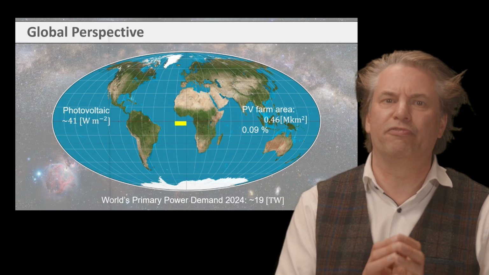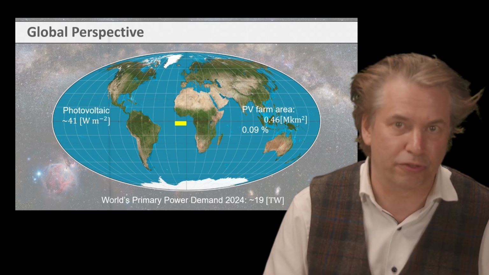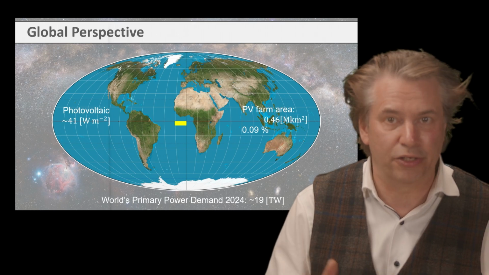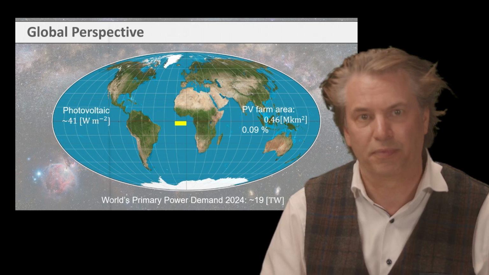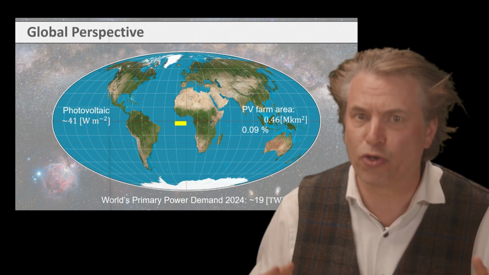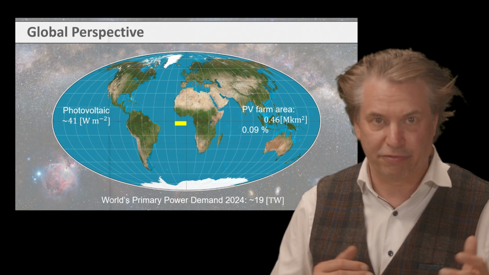Let's put these numbers in reference to the world's primary power demand, as we have used already, 19 terawatts in 2024 in the other video lectures as well. Within this map, we can visualize what surface area is required to cover this demand with the technology discussed in every video.